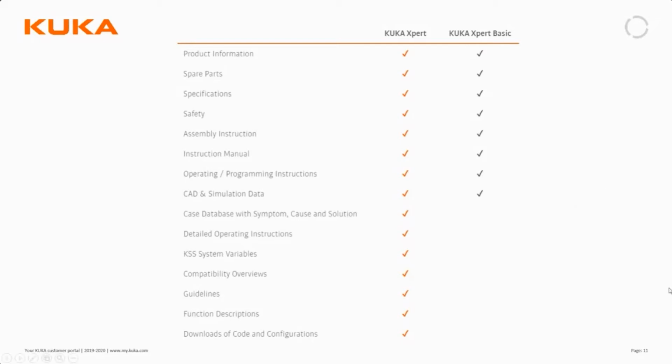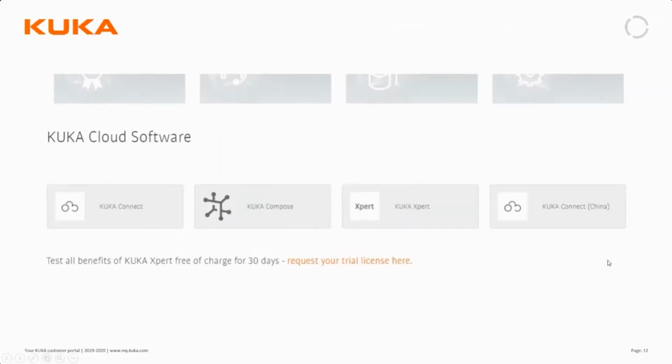You reach the KUKA Xpert in my.kuka, as I mentioned, and it's one of the cloud software points here. So you can go into KUKA Xpert, as there's a ton of information inside there. It actually needs some practice to find your way around, because the information's there, but sometimes it could be difficult to find.